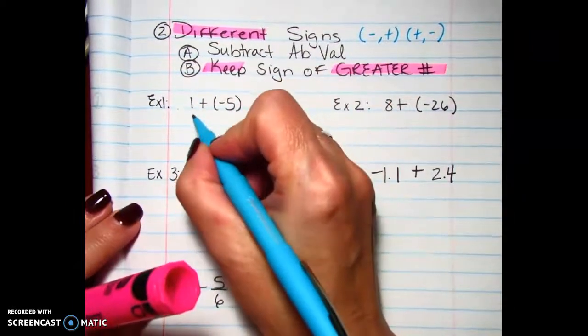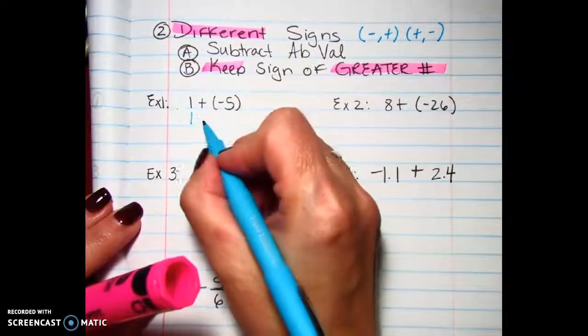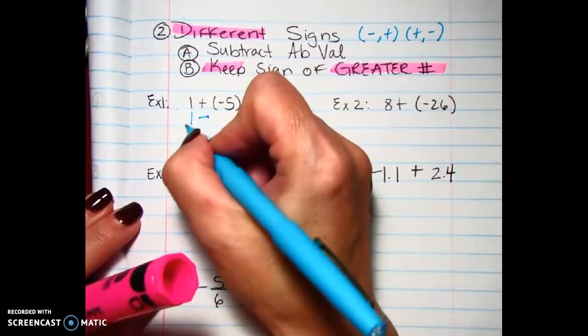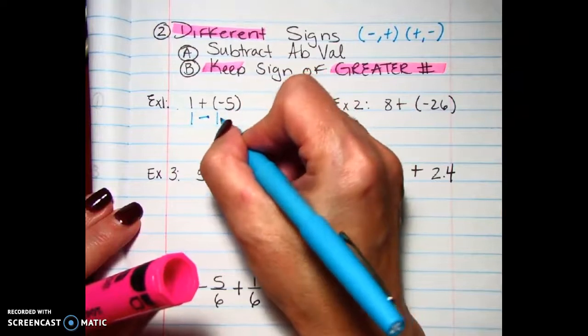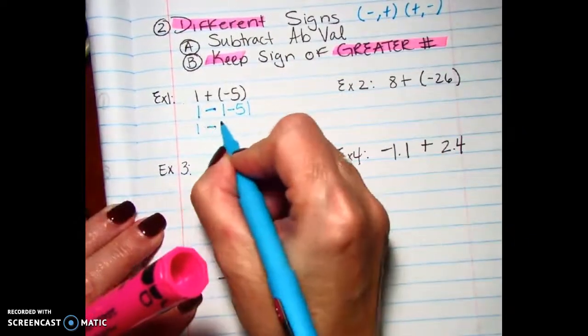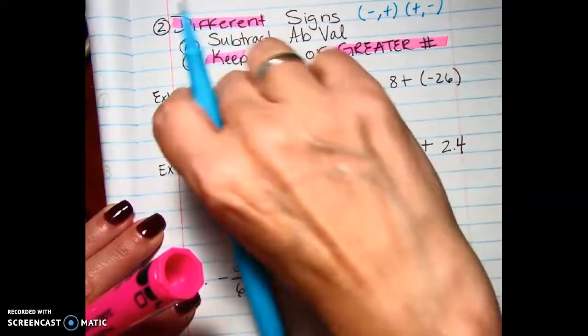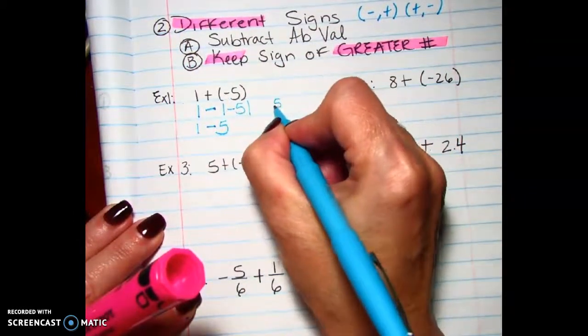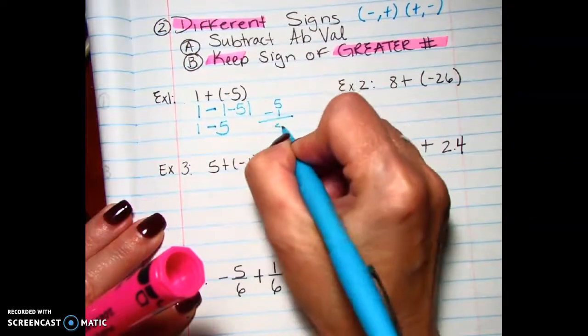So I take 1 and I subtract the absolute value of a negative 5. Well, 1 minus 5, this is where I can change things up. I can say 5 minus 1 equals 4.